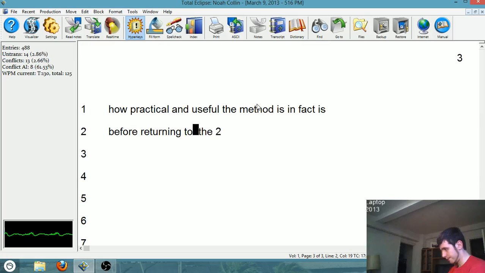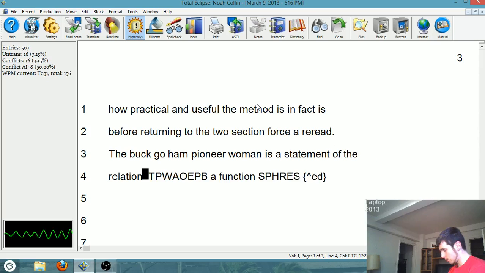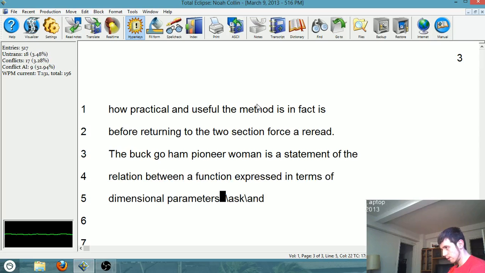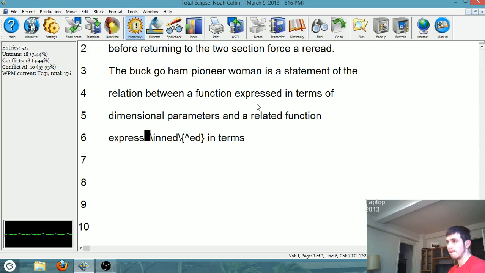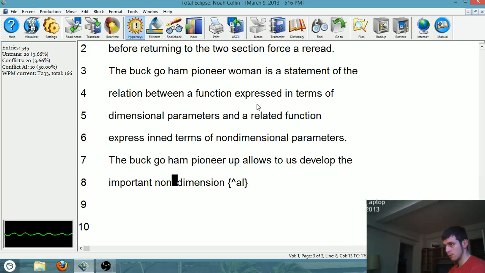The Buckingham pi theorem is a statement of the relation between a function expressed in terms of dimensional parameters and a related function expressed in terms of non-dimensional parameters. The Buckingham pi theorem allows us to develop the important non-dimensional parameters quickly and easily.